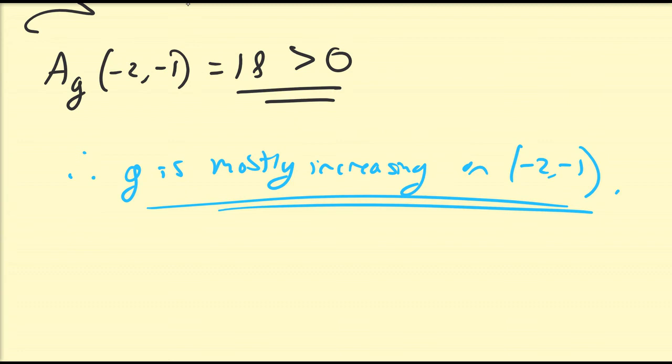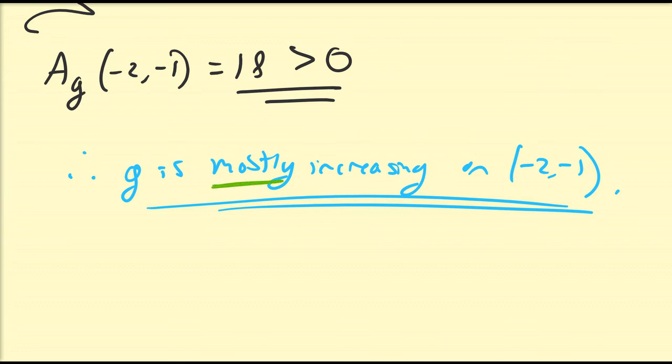Also keep in mind that just because the function is mostly increasing doesn't necessarily mean it's always increasing. It could be always increasing on this interval, but not necessarily always.